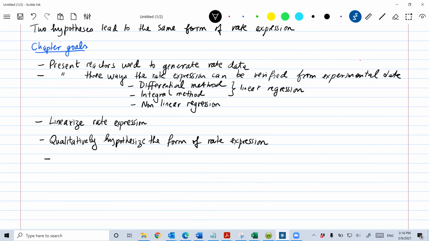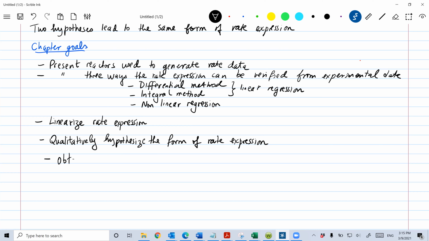And of course, we will do that today, and also the next time we will do some best fit analysis, understanding how to best fit and look at residuals, and find out which of the rate expressions that we guessed is best. In many ways, whether we derive the rate expression from a sequence of elementary reactions or we guess what it is and check it, the data is needed to verify this.